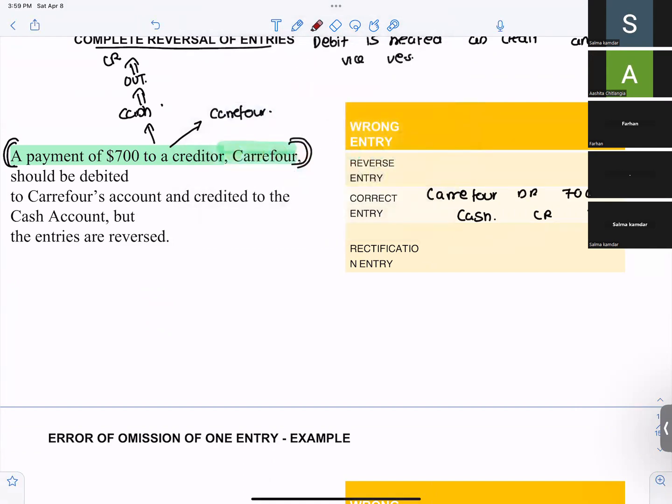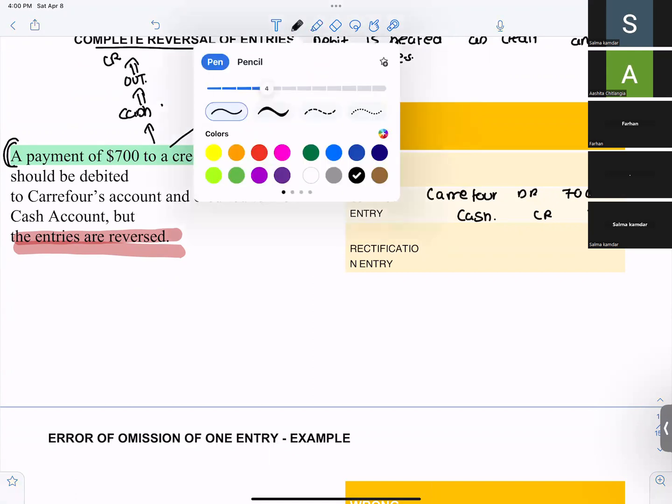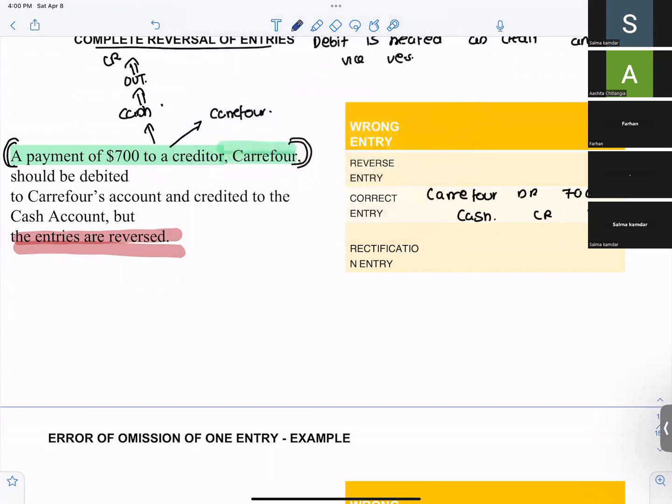What is the wrong that you did? The entries are reversed. Cash was debited and Carrefour was credited. So the wrong that you did is you reversed the entries. What did you do? Cash debit, Carrefour credit.